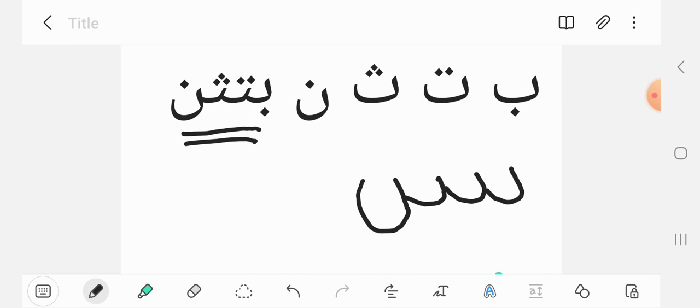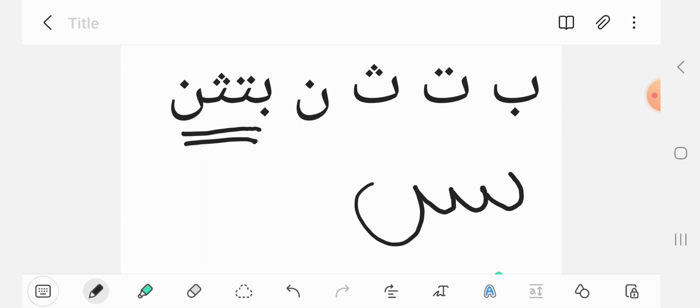See the way I did it, I wrote the shapes without the dots, then I will add the dots to speed up your writing. So if I want to write it normally as a native speaker, I will go like this, then I will add the dots.